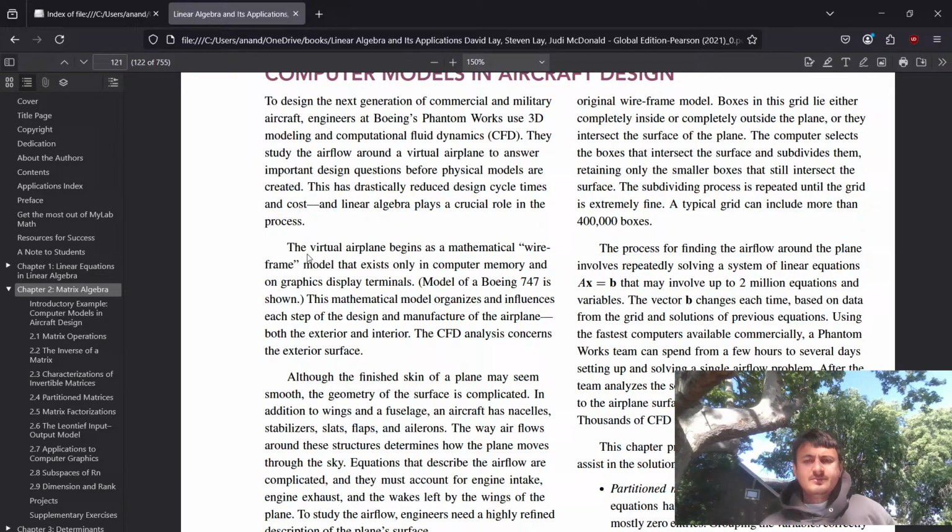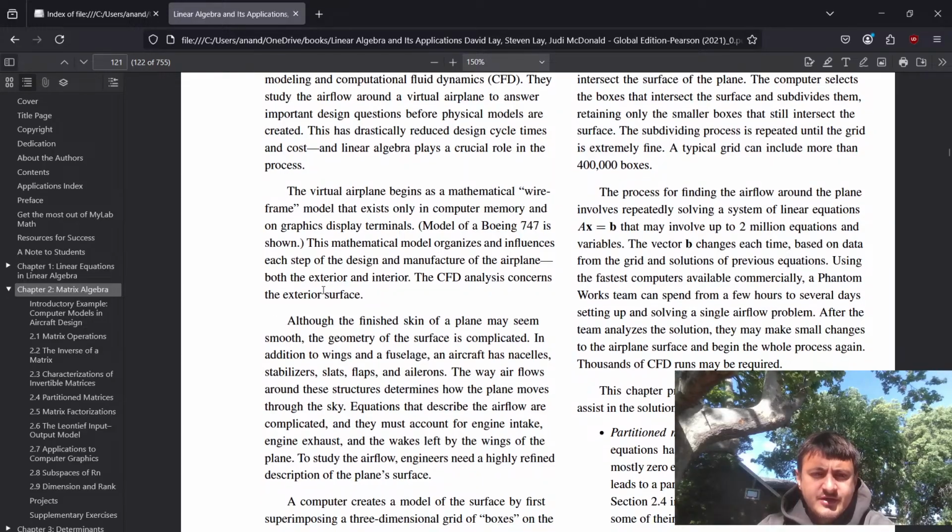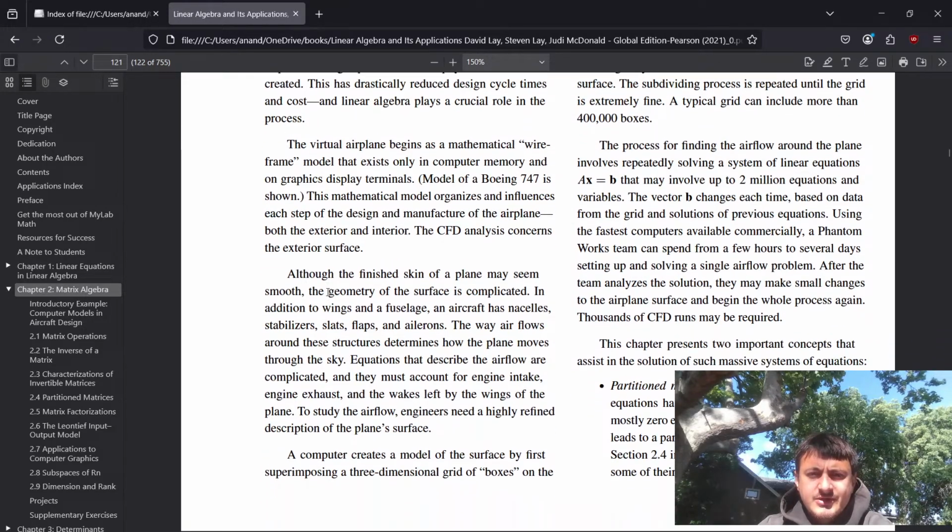The virtual airplane begins as a mathematical wireframe model that exists only in computer memory. This model organizes and influences each step of the design and manufacture of the airplane, exterior and interior.